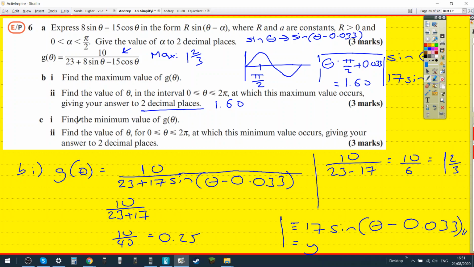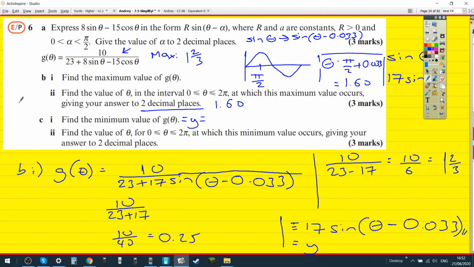Is this where I would need to do pi? Does it hit the minimum value at pi? Well, g of theta is equal to y, so we're finding the minimum y coordinate first. Is it -1?